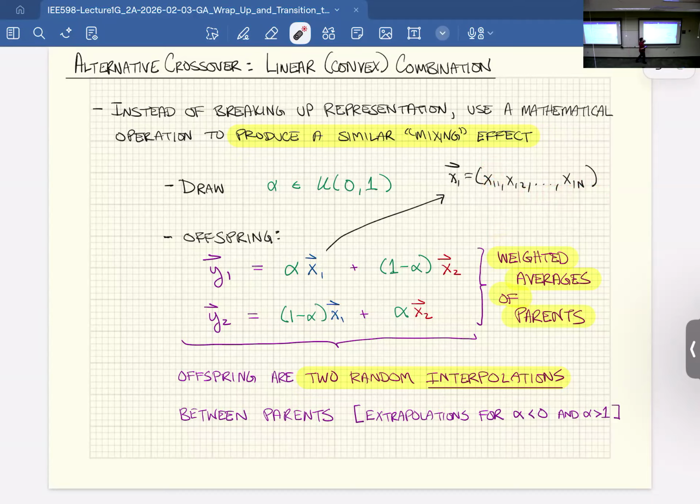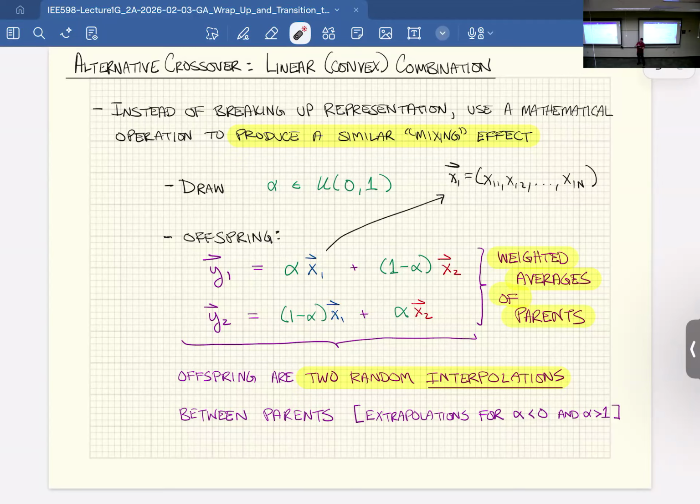So you might say, I'm going to be 25% of whatever the parent 1 value is, plus 75% of whatever the parent 2 value is. And then I'm going to switch that, and I'll be 75% the parent 1 value plus 25% parent 2 value. So now you're going to be guaranteed to get something numerically in between the values of the two parents. That's why this has to be real valued.